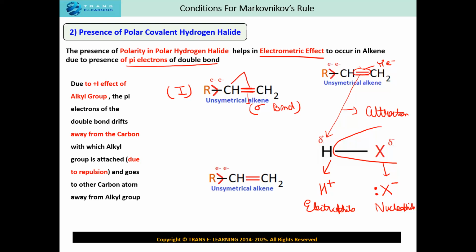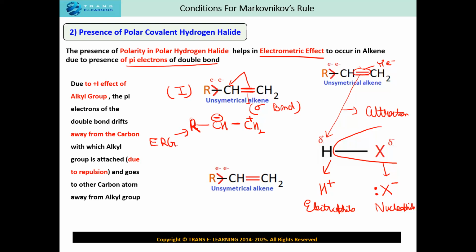Either it can go to the carbon atom on the left hand side. Okay, so what is going to happen in this case? The carbon atom on the left hand side will acquire negative charge, whereas the right hand side will acquire the positive charge. But we can see here that we have the R, that is the alkyl group. This alkyl group is an electron releasing group.